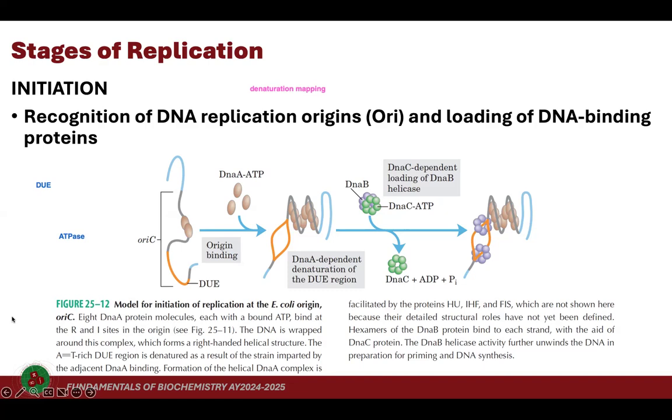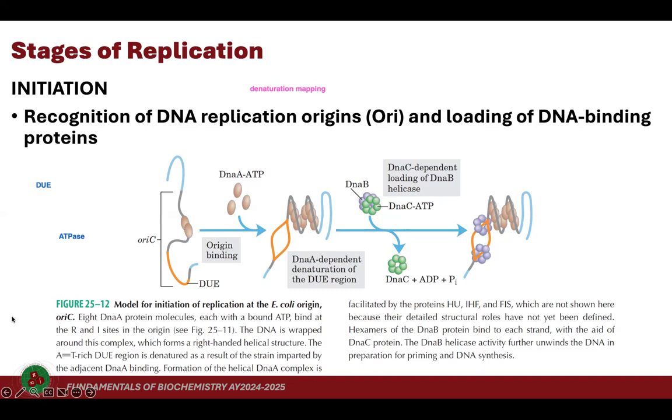And these DNA A molecules or enzymes are the ones responsible for the initial unwinding of the double-stranded DNA at the origin. Okay, it's not helicase. Helicase is responsible for the unwinding at the replication fork.